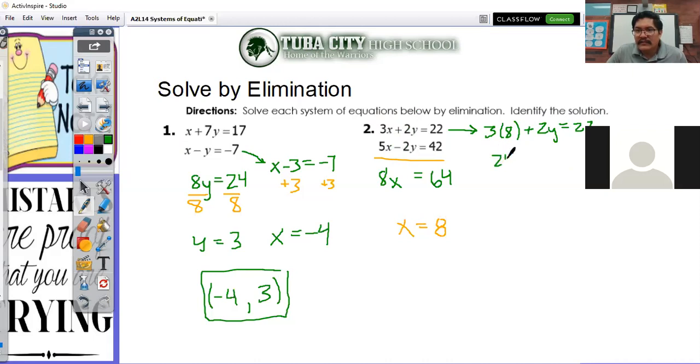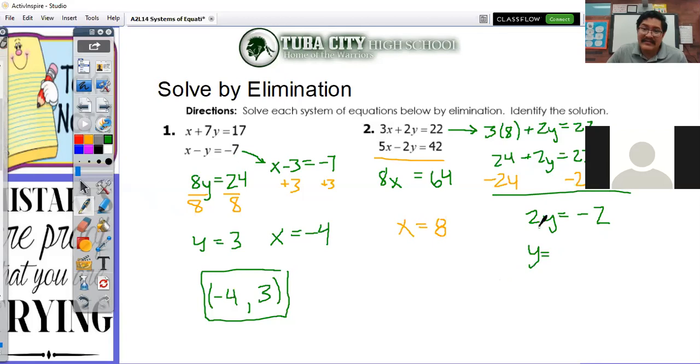All right, so 24 plus 2y, because 3 times 8. And now I got to get rid of this 24, so minus 24 on both sides. So 2y equals negative, I can tell it's going to be negative, but it looks like -2.